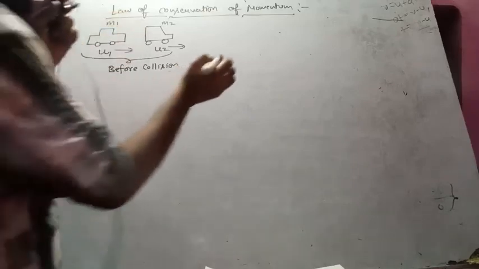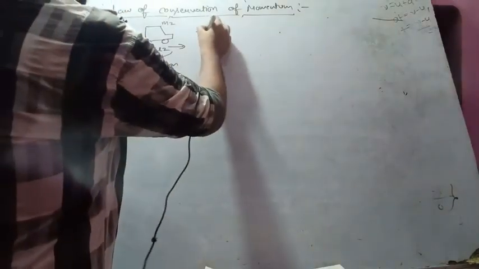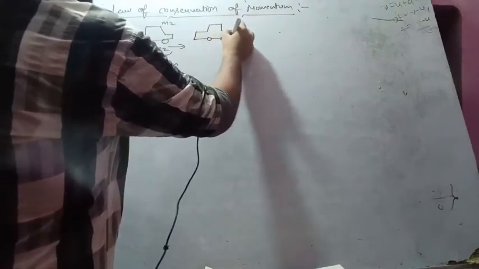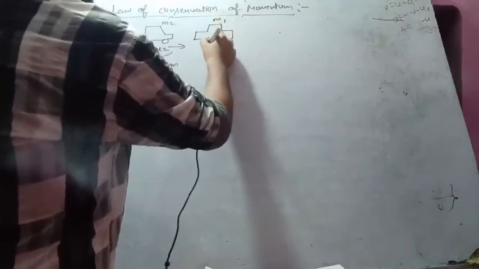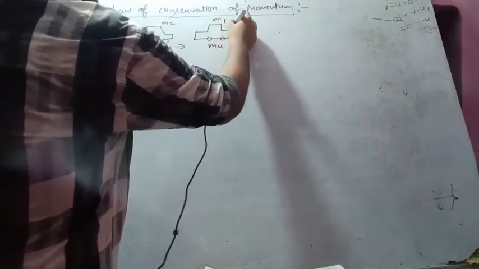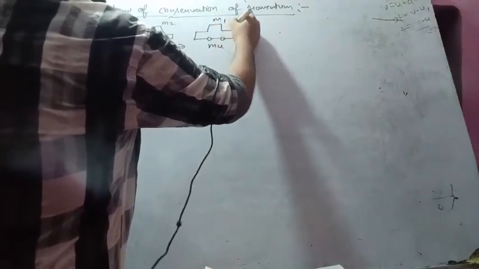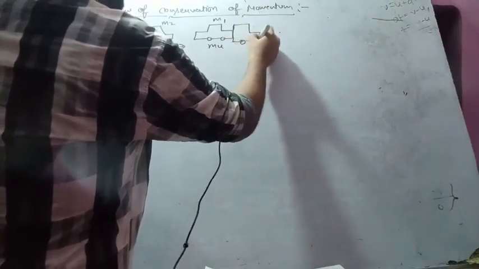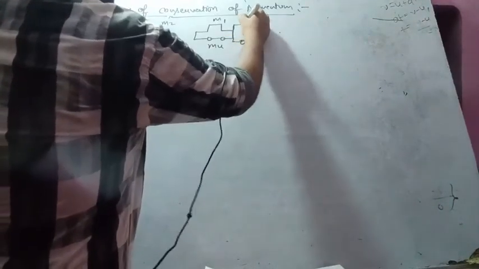Now let us consider that both the cars collide. Collide means there will be a collision between both cars, m1 moving with u1 and m2 moving with u2, just colliding with each other, as I have shown in the figure.